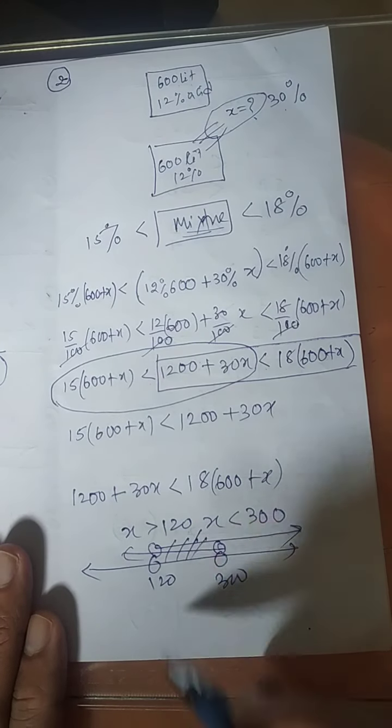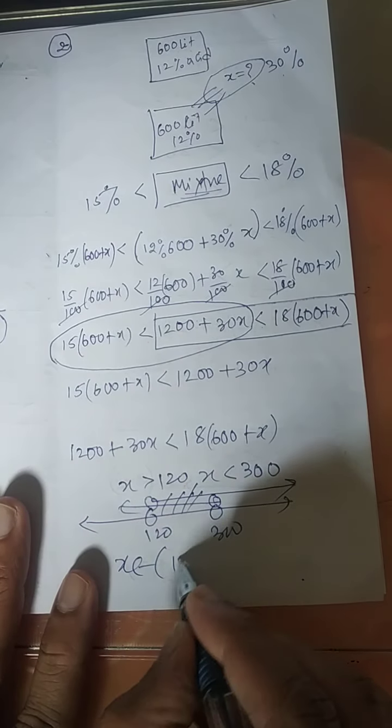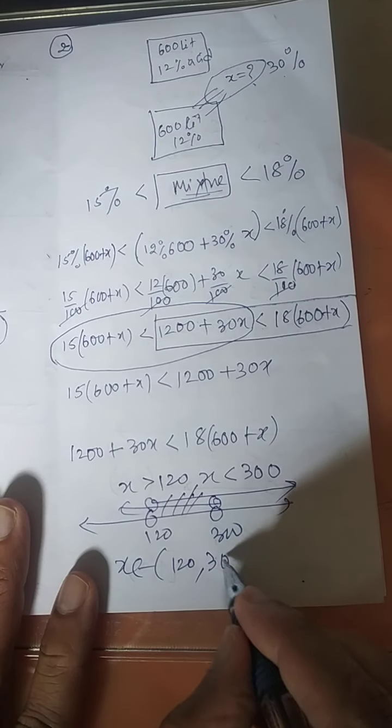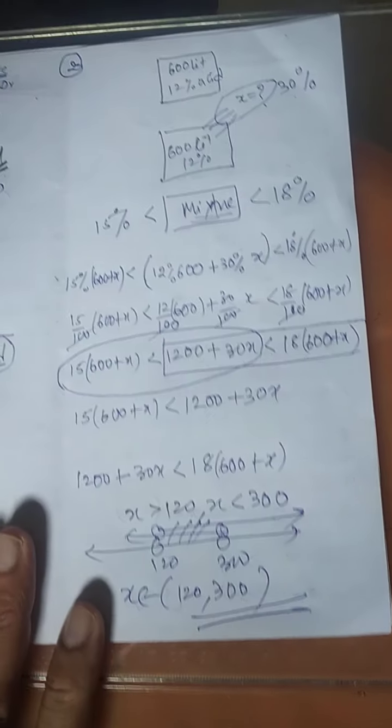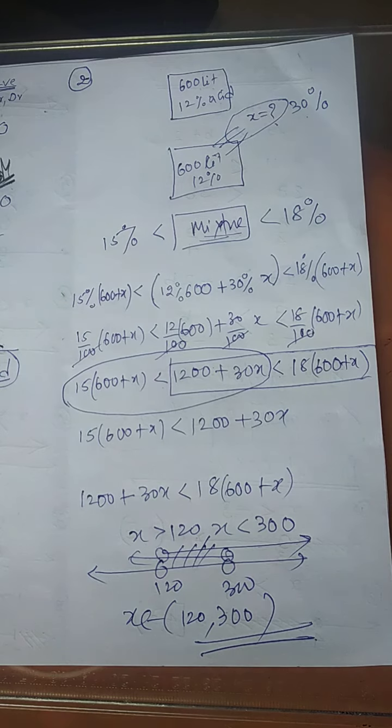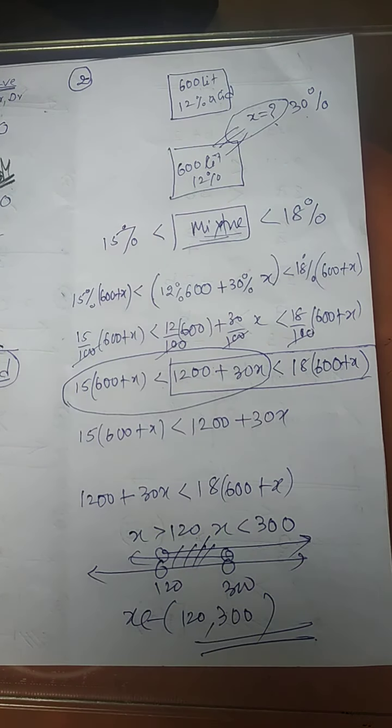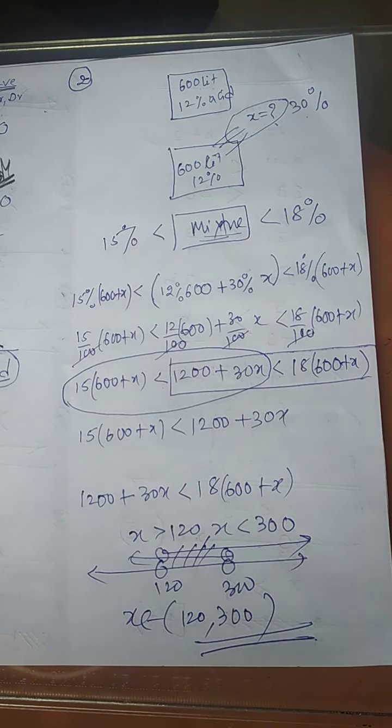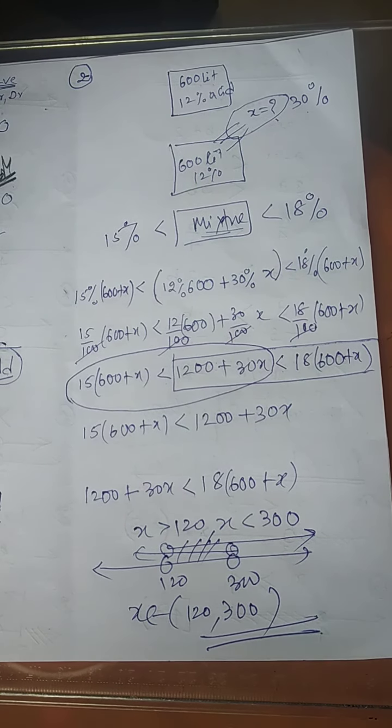So your answer will be that the quantity x of the liquid added must be in the range of 120 to 300 so as to satisfy this condition. So this is nothing but a linear inequation in one variable. In the next video we will be talking about two variables. Okay, thank you.